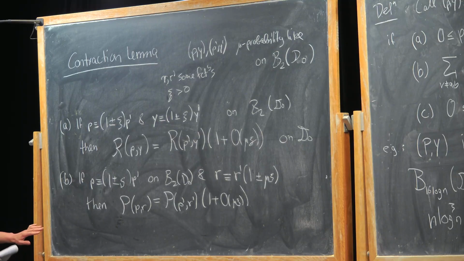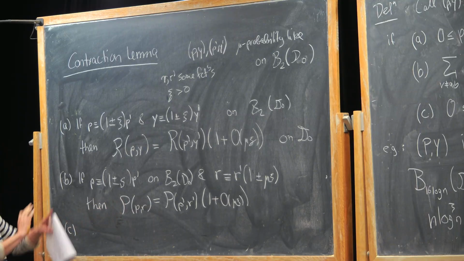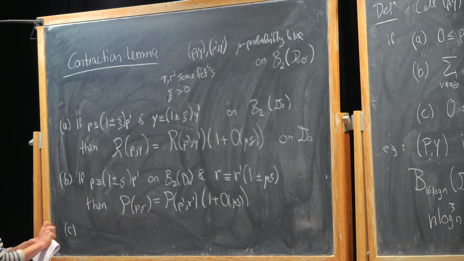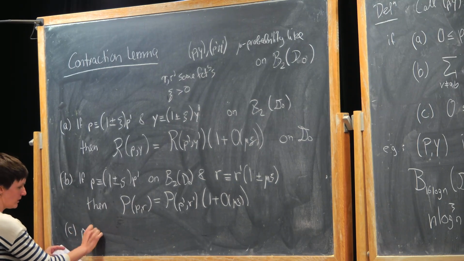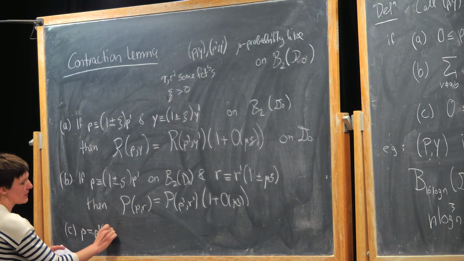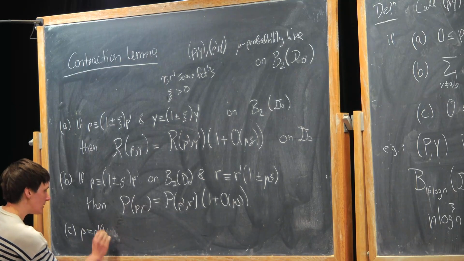Okay, and for space reasons, let me just write the assumptions: P is equal to P prime times 1 plus minus psi, oh no, mu times psi.